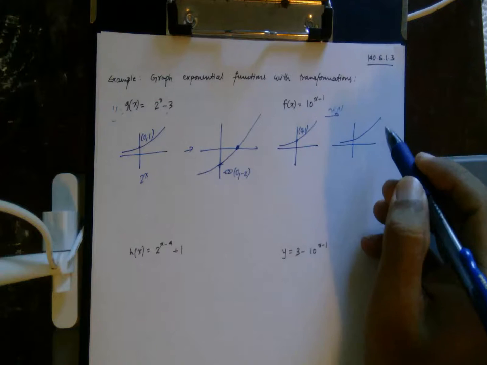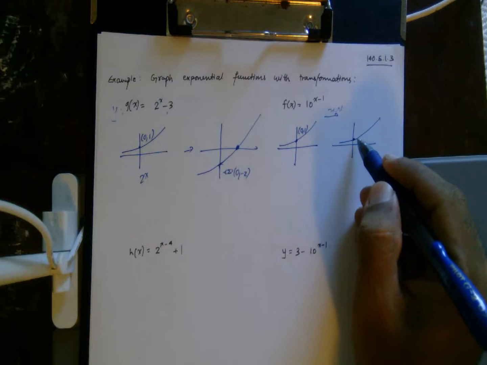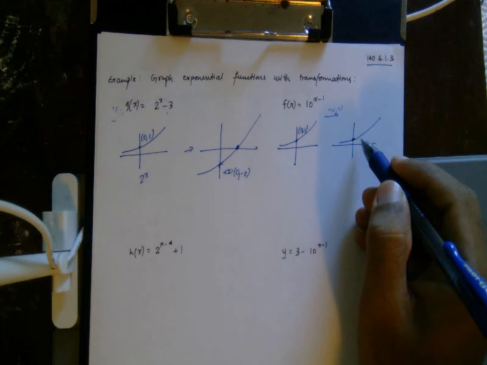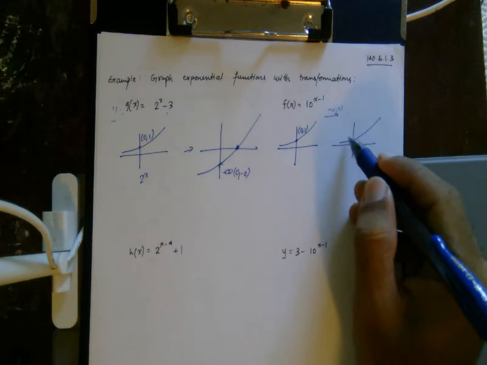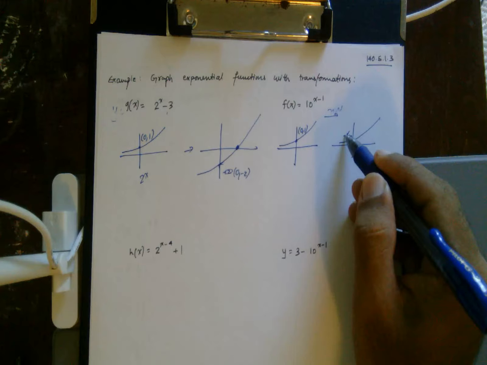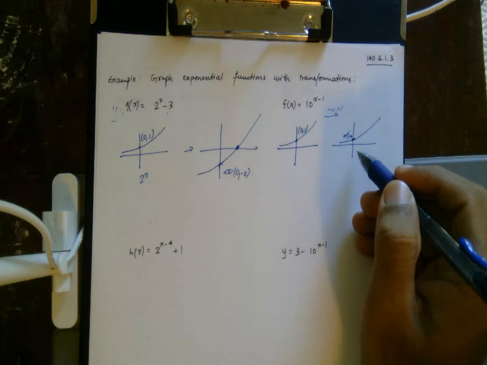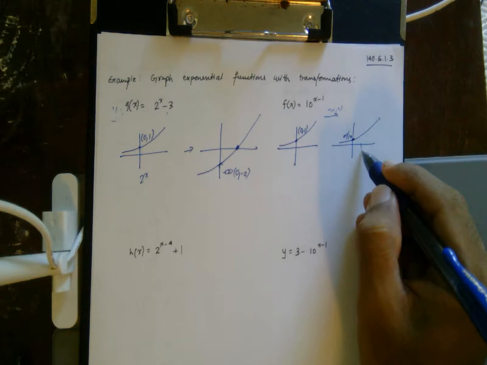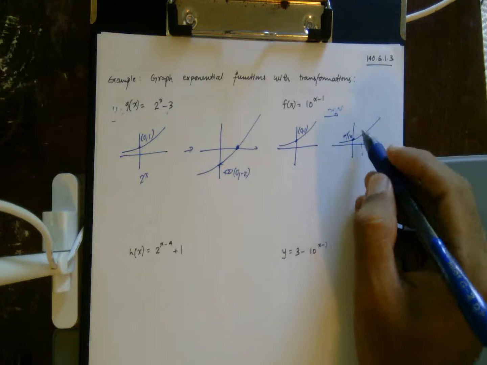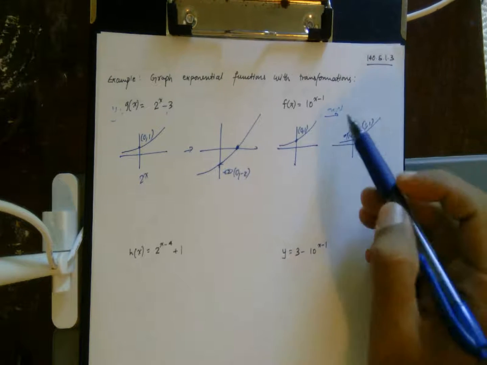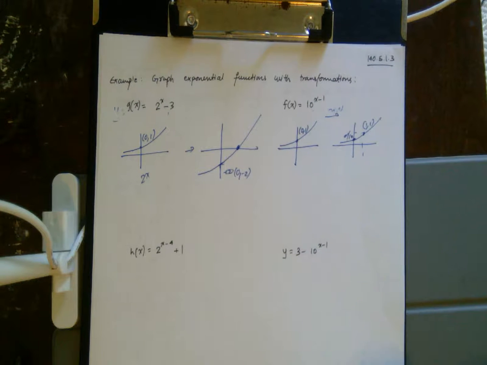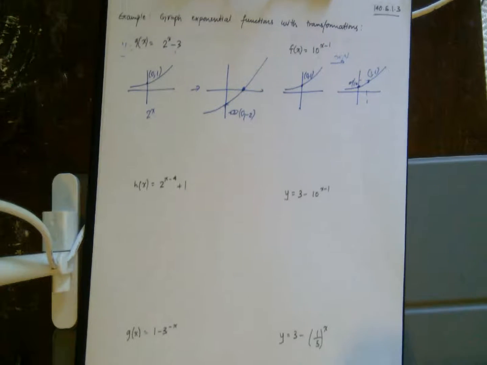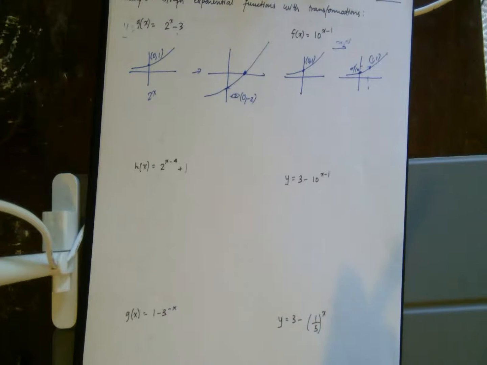So it's going to look something like that, and so when x is 0, now you have 10 to the negative 1, so this is going to be 1/10 actually, right? But when x is 1, it's going to be 1, because then it's going to be 1 minus 1, 0, and 10 to the power 0 is 1. The rest are kind of similar.